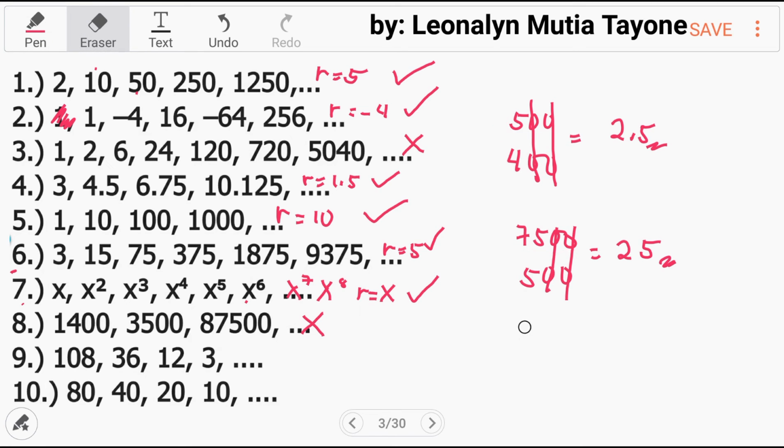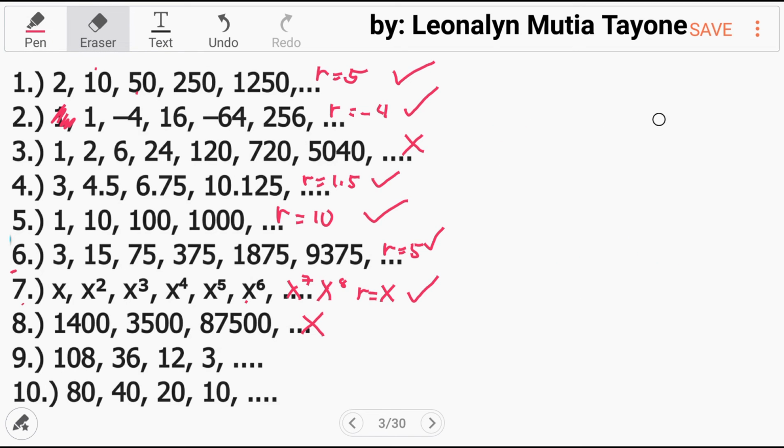Next, number 9. 36 divided by 108. Again, how do we find the ratio? The next, we divide by the previous. Okay. 36 divided by 108. And this is 1/3.